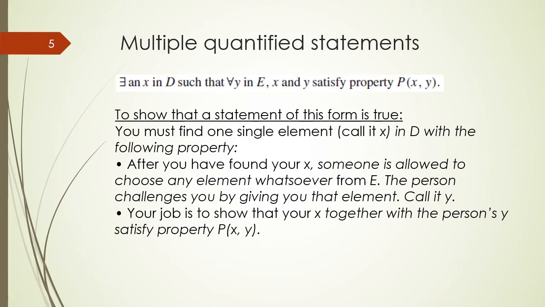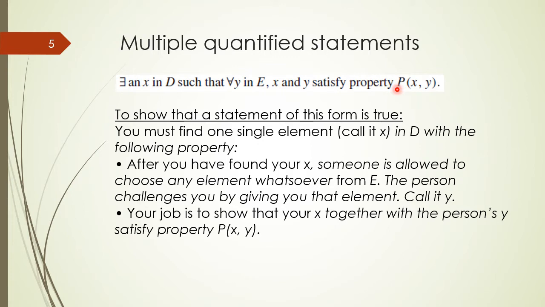Students, now we have another kind of multiple quantified statement where the existential quantifier comes first, and then we have a universal quantifier with a certain property or predicate.